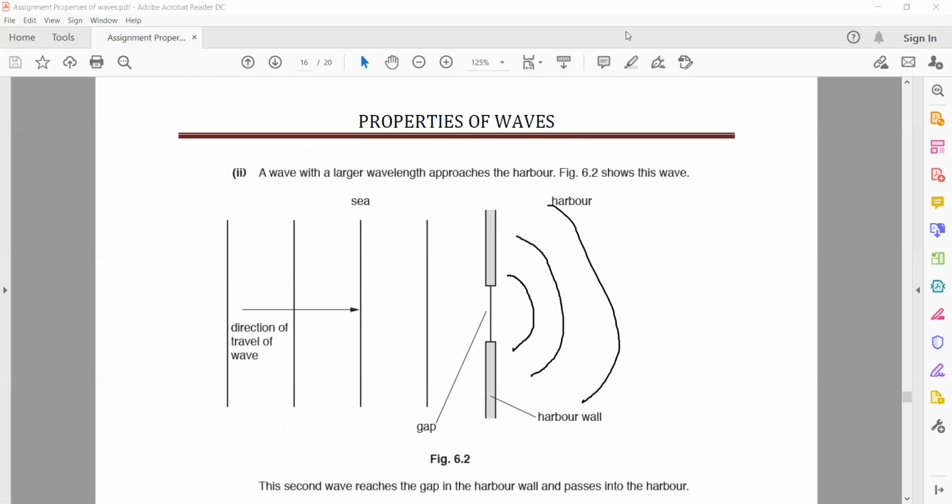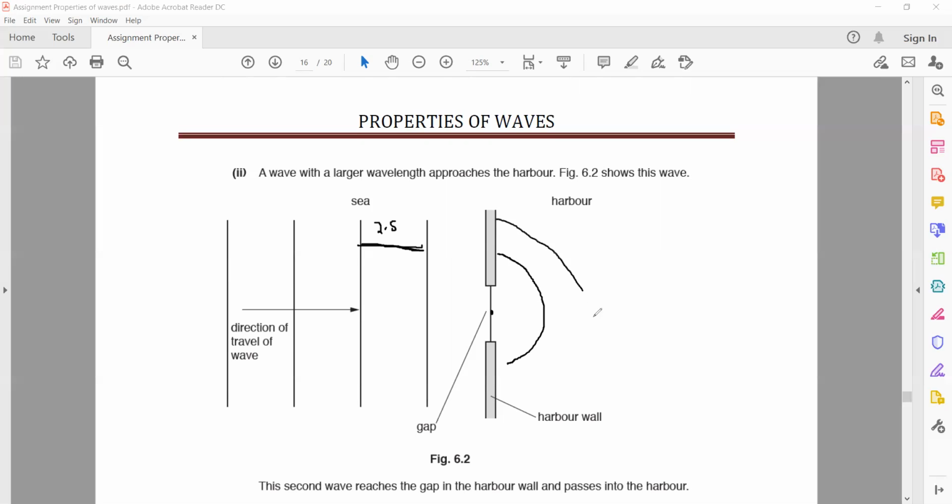But one thing you have to keep in mind: draw this using a compass. If using a ruler, first measure the wavelength. For example, according to paper size, if it is 2.5, you place the compass at the center, open the compass 2.5 and draw an arc. Then open it further, 2.5 more, meaning 5 centimeter, and draw an arc.